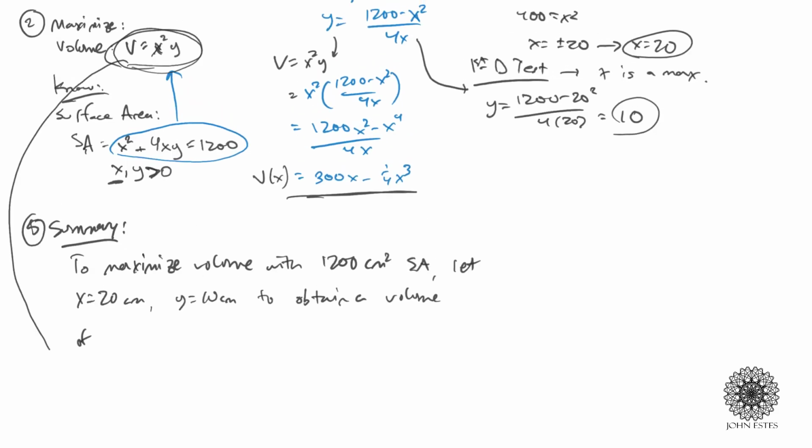V is x squared y, right? So that's going to be 20 squared times 10, which is 4,000 centimeters cubed. And there's your max volume with these given conditions.